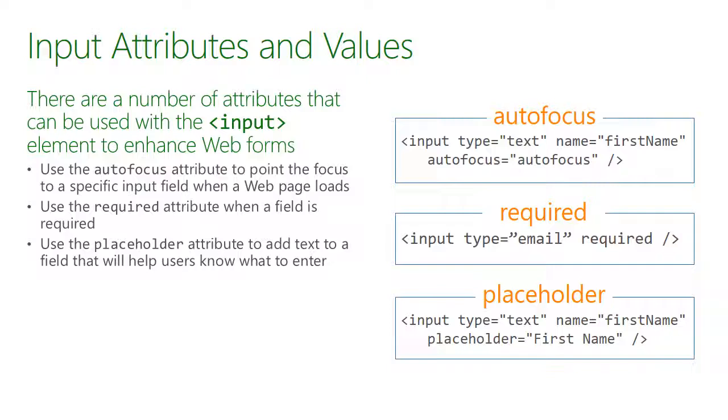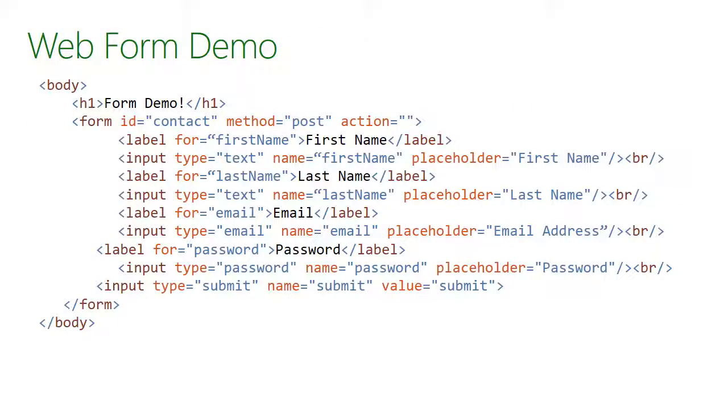You can see the markup associated with each one of these attributes on the right hand side of the page. This web form demo can also be seen within the PDF for the MTA course. You can also find similar demos on W3 Schools.